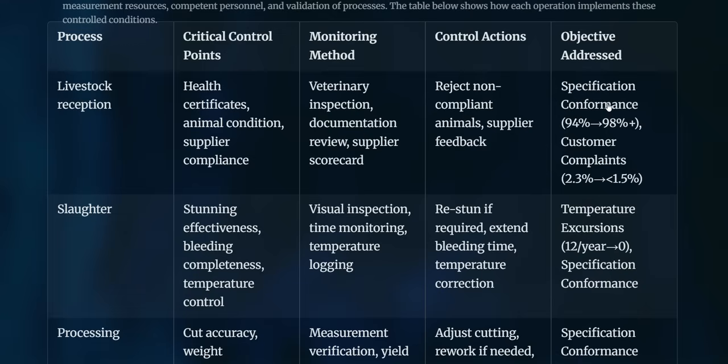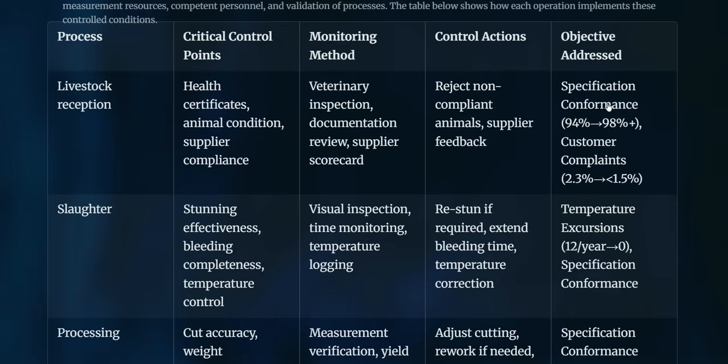Let's start with the process of livestock reception. The critical control point here is health certification, animal condition, and supplier compliance. The monitoring method in this process is veterinary inspection, documentation review, and supplier scorecard. The control action required here is rejection of non-compliant animals and supplier feedback.